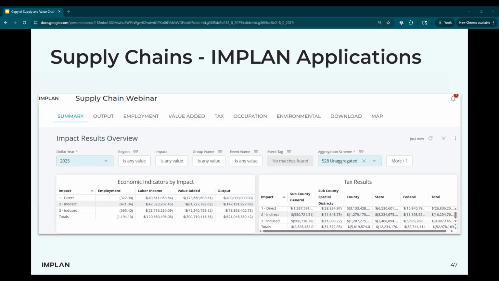A 2% contraction in North Carolina is going to have different ripple effects than a 2% contraction in Texas or a 2% contraction in Massachusetts, because those regional purchase coefficients vary from region to region. So the degree to which an industry in a particular county or particular state can source those inputs varies, right?